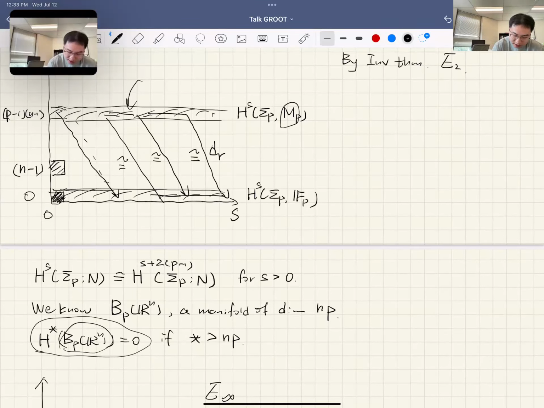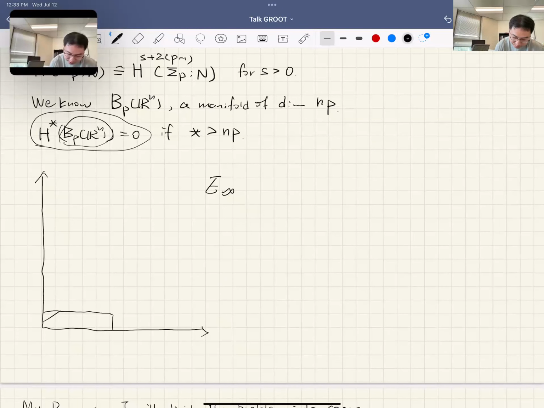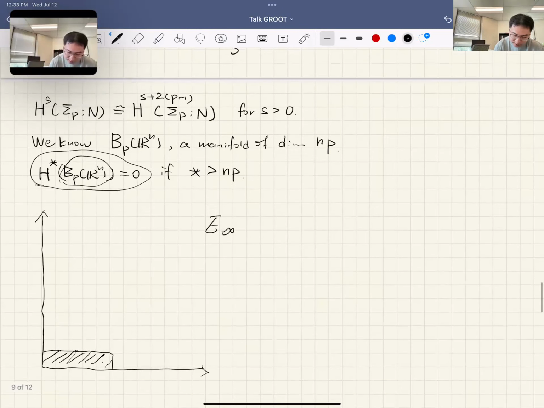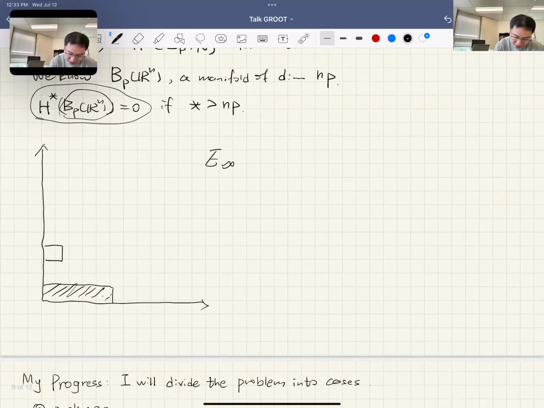And we have something left for us, which is just this chopped up version here. So I have something here, and I have something that depends on whether n is even or not. So I have something happen here. Okay. So we have a description of H star BP of Rn. Okay. So do we have any questions so far?